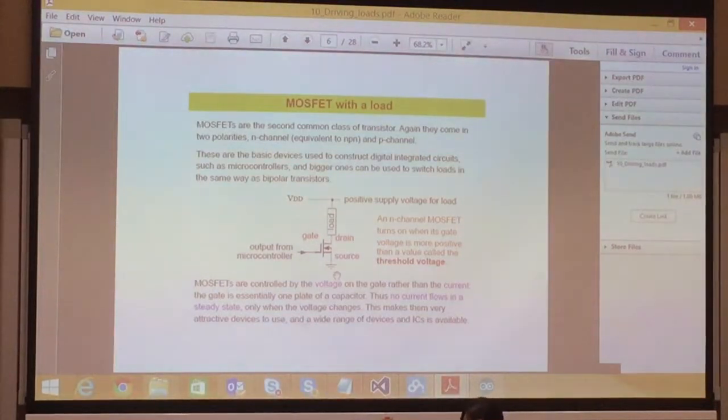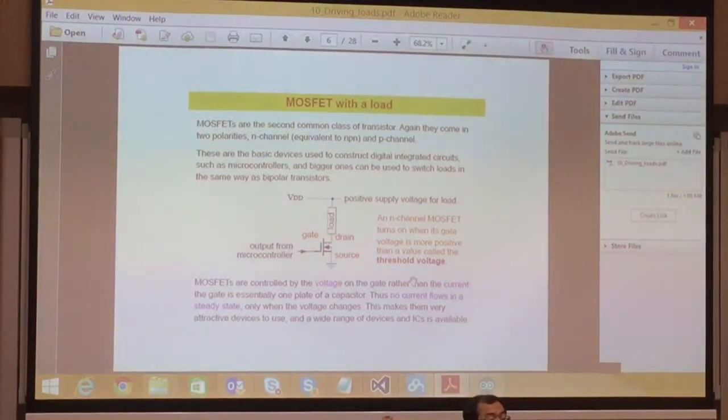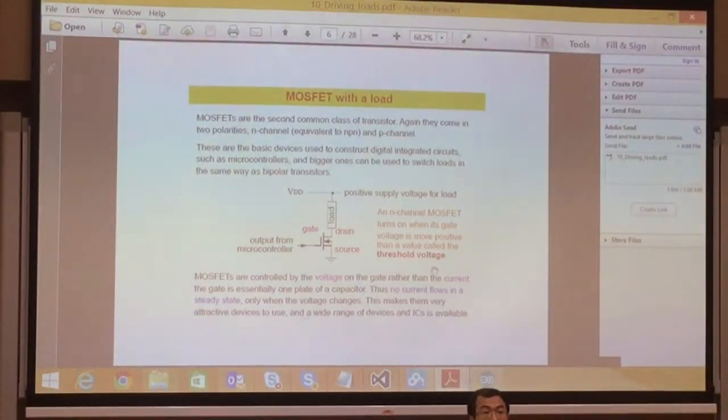For most of the MOSFETs, the threshold voltage is also around 0.6, 0.7 volts. So you can see that these are magic numbers, 0.6 or 0.7, to turn on transistors. For bipolar or for MOSFET, they need a similar amount of voltage to turn on. Okay?